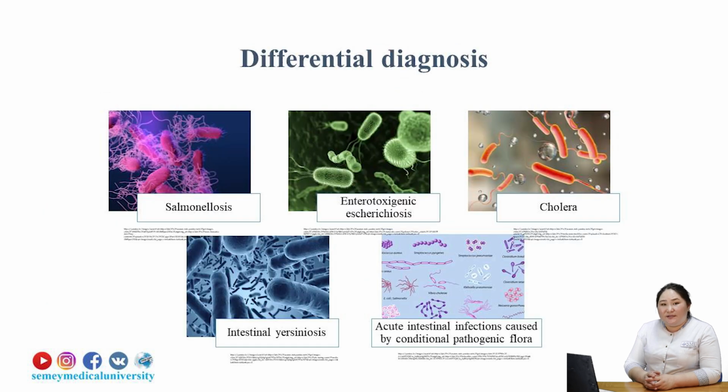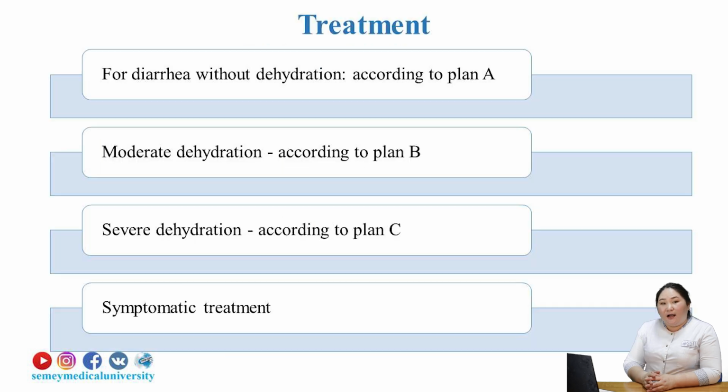Differential diagnosis of viral intestinal infection, of course, we will do with bacterial intestinal infections like salmonellosis, cholera, intestinal yersiniosis, and others. How do we treat viral diarrheas? Treatment is based mostly on a sparing regimen, diet, and prevention or treatment of dehydration syndrome by the IMCI program.